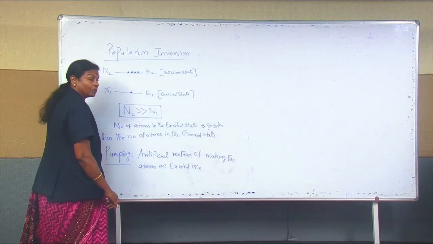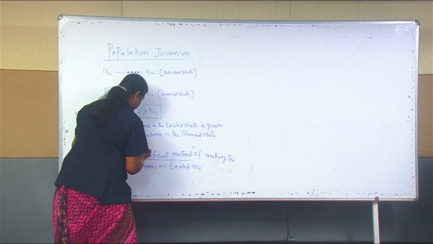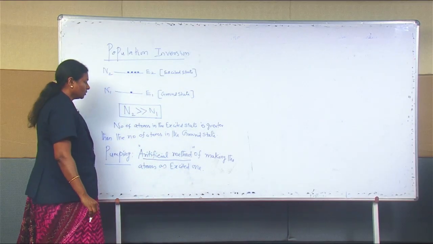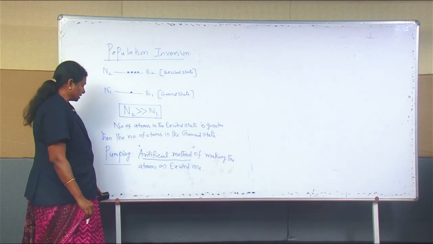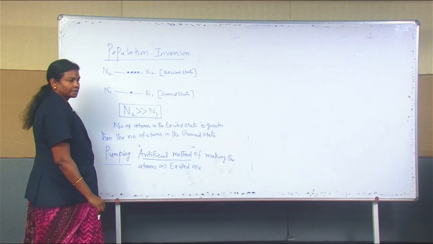Okay. So, that is an artificial method. There are different methods. Okay. So, we have to concentrate on this word: artificial method of exciting the atoms from the ground state to the excited state, that is called pumping.